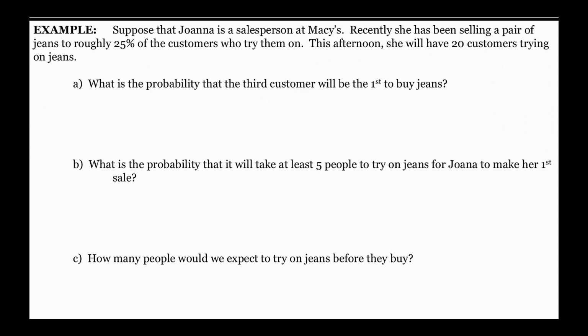What makes this problem say geometric probability? Because the question is put to you, when will I have my first success? If that's the type of question you see, it's going to be geometric. It's not asking what's the probability that 8 out of the 20 people who try on jeans buy them. That's binomial. But when they ask what's the probability that this is your first success, that's geometric. That's the difference between geometric and binomial.